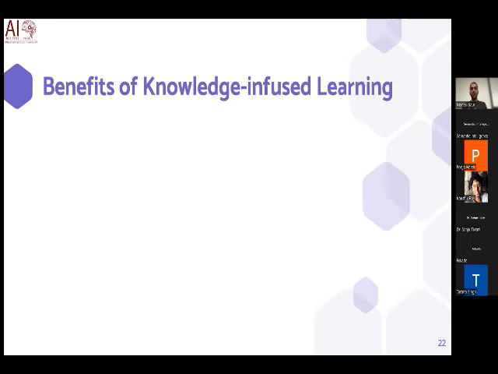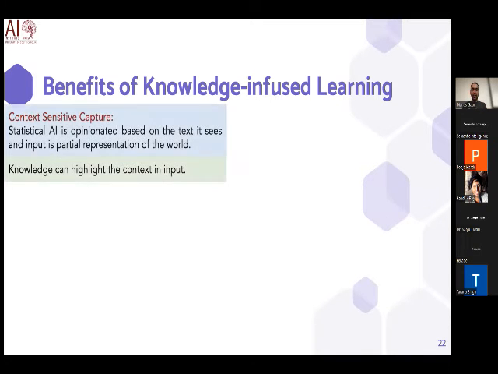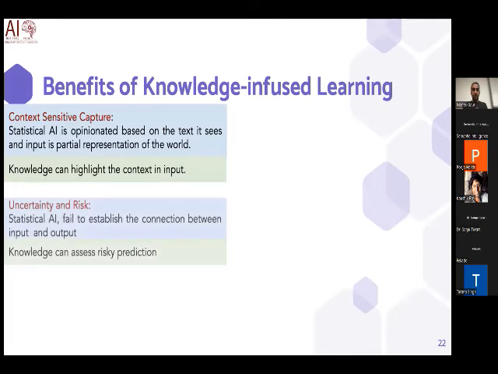So there are various benefits of such approaches. First of all, you're forcing the model to capture the context, because without this information, the model defines its information based only on the input data, which is a partial representation of the world. You can help solve the uncertainty and risk association problem, because now you're dealing with a well-defined structure at every layer.